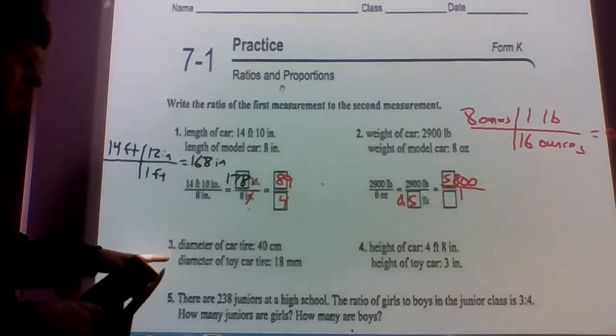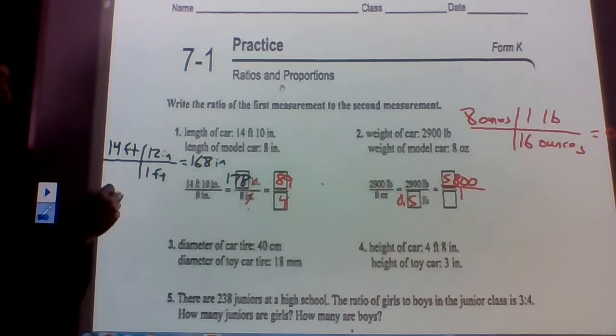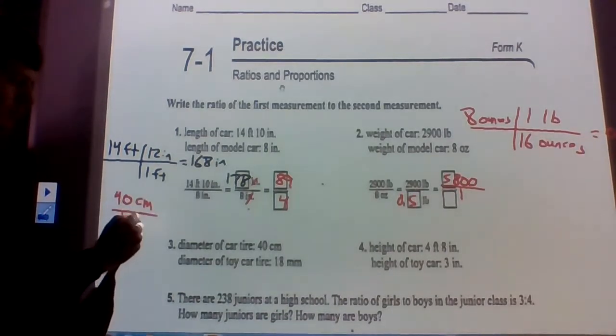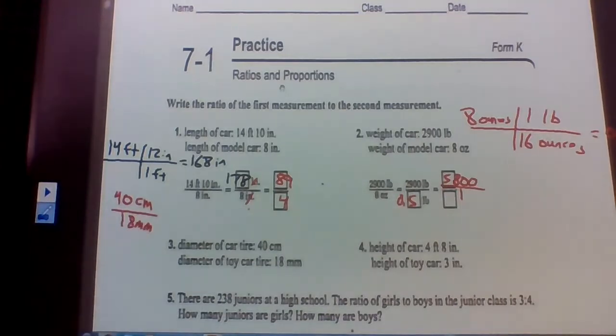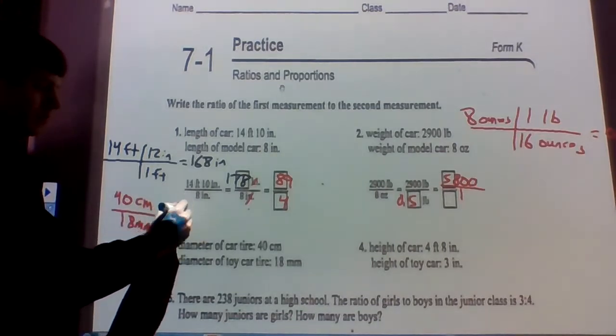Down here, the diameter of a car tire is 40 centimeters. The diameter of a toy car tire is 18 millimeters. So we have 40 centimeters over 18 millimeters. There are 10 millimeters in a centimeter, so if we convert this to millimeters, 40 centimeters is the same as 400 millimeters.